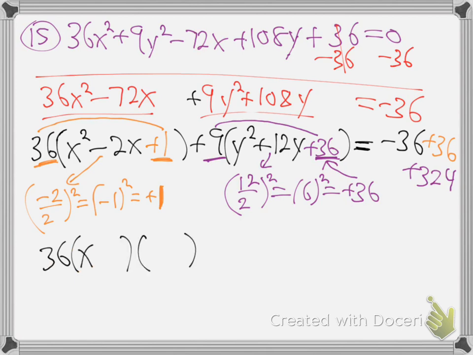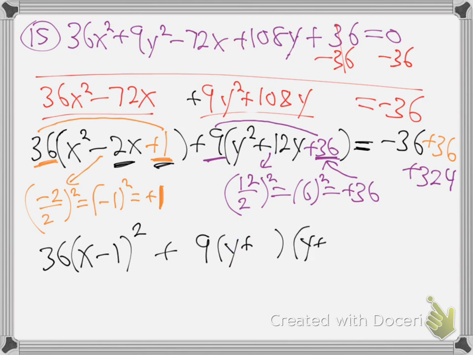This is going to factor. Okay, x minus 1, because that makes minus 2x multiplies to be plus 1. So make that x minus 1 squared. Plus 9, and what's the y? Plus 6, right? Because that'll make 12y multiplied to be 36. See how this is working beautifully? The other side, these cancel.